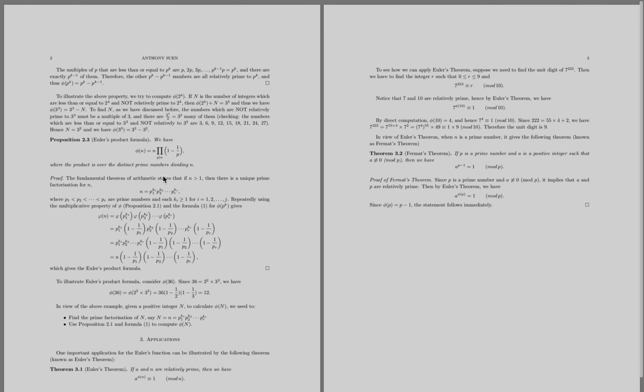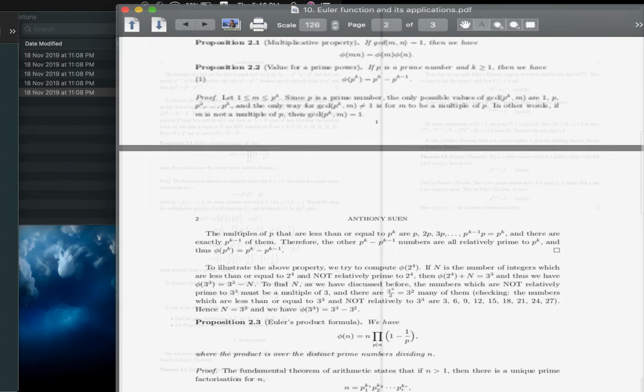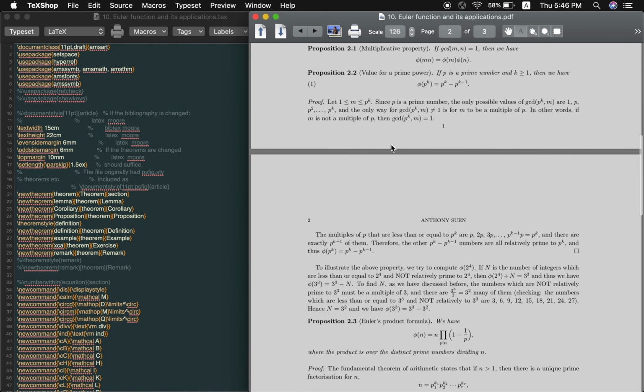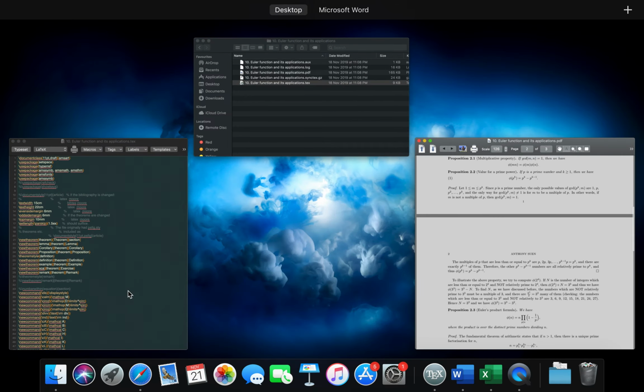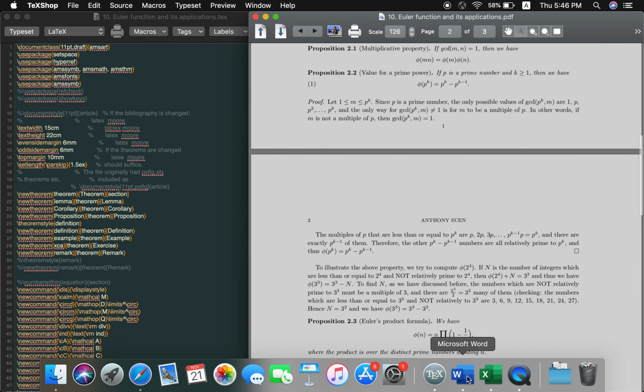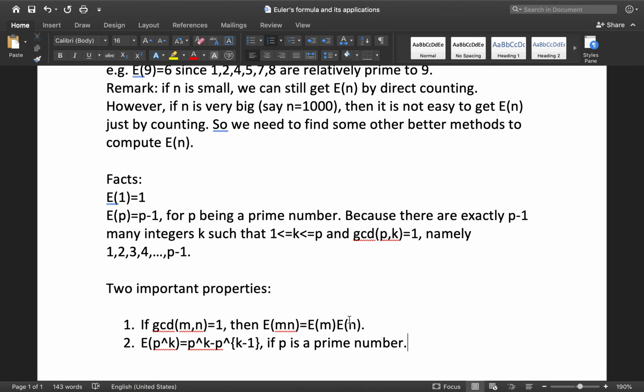If it's not, then you have to apply another thing. Of course, the second property is exactly what I just told you, but as I said, not many integers are in the form of p to the power k.